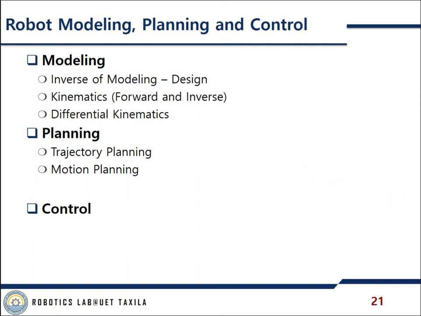Then we have planning. Here we have two things about it, trajectory planning and motion planning. With reference to the task assigned to the manipulator, the issue is whether to specify the motion at the joints or directly at the end effector. In material handling tasks, it is sufficient to assign only the pickup and release locations of an object, which we call point-to-point motion.